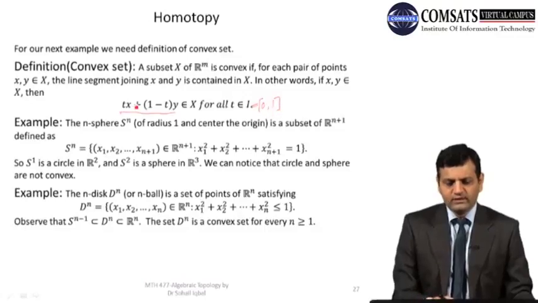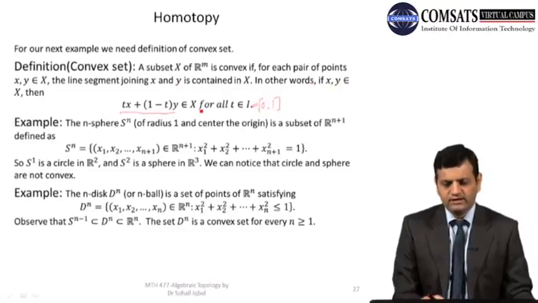If this line segment is contained in X for each and every value of t, or in other words, for each and every pair x and y the line segment is contained in X, then we say that this is a convex set.